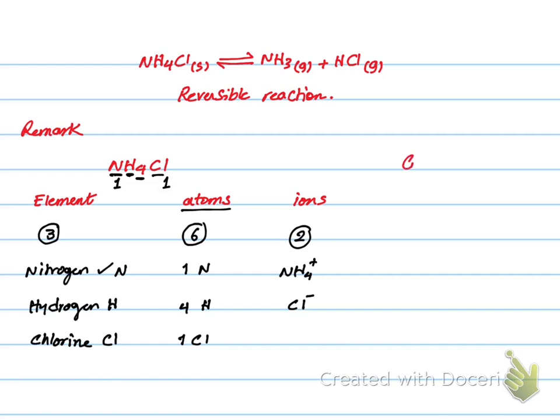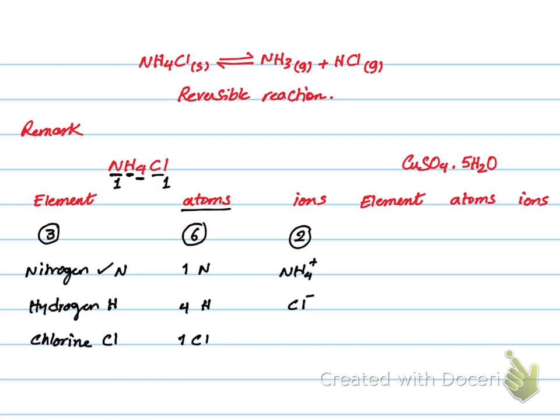Another example, CuSO4.5H2O, cold hydrated copper(II) sulfate. How many elements are there in CuSO4.5H2O, and how many atoms and how many ions?